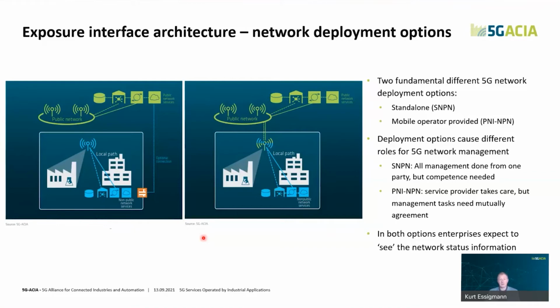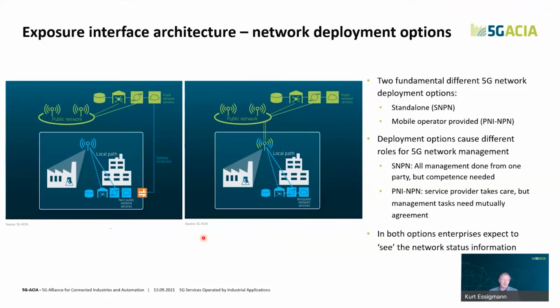So that must be specified beforehand to see what the service provider will allow the enterprise to execute and what not. We will look into these network-centric use cases two slides further down, then you will understand why this mutual agreement has to be in place.